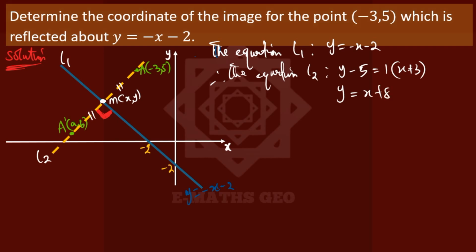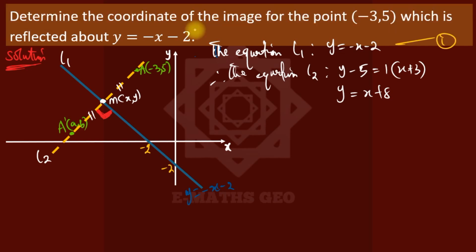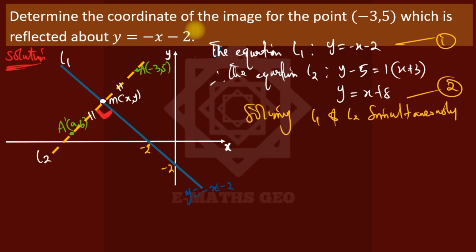So we'll get their point of intersection by solving L1 and L2 simultaneously. Adding equation 1 and 2, 2y equals 6, which implies that y is 3.